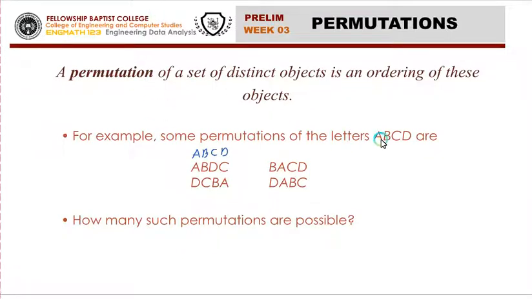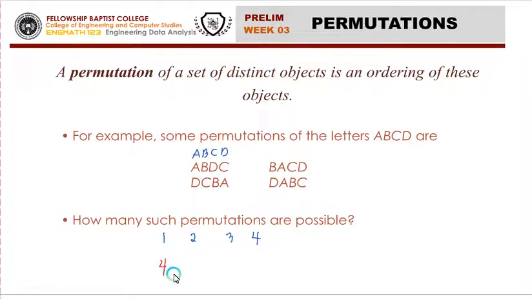Since we have four letters, A, B, C, D, we have four possible choices for the first place. Let us label this: 1, 2, 3, 4. If asked how many permutations, how many possible letters can we put in the first place? We have 1, 2, 3, 4, so we have four possible options for the first place.